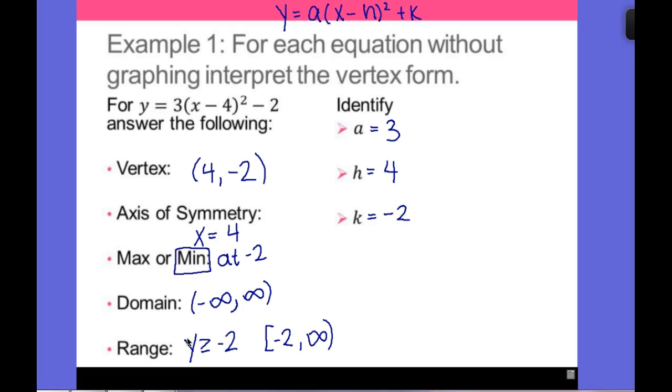So my y values are greater than or equal to k. The range will always have information pertaining to k. So if you get the vertex right, you'll get all of the key pieces of information right. That is why it is so critically important to identify a, h, and k correctly.